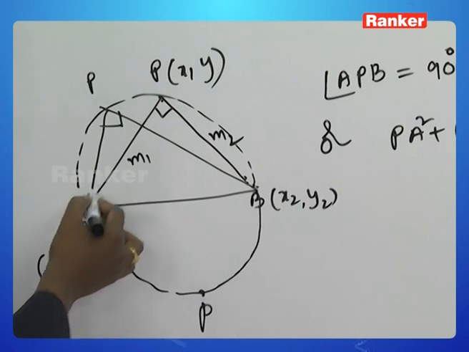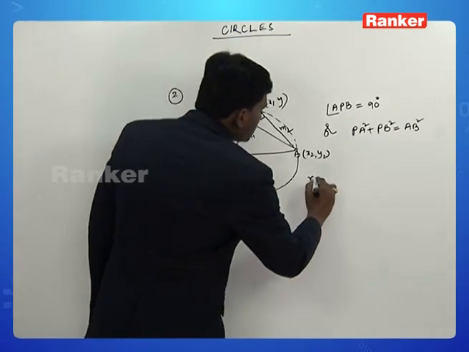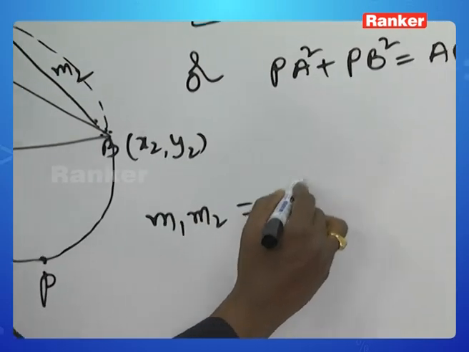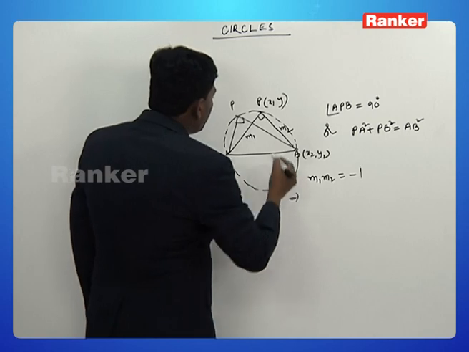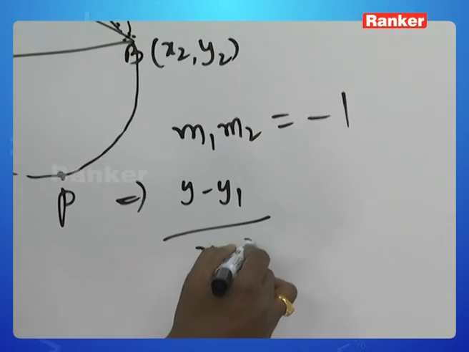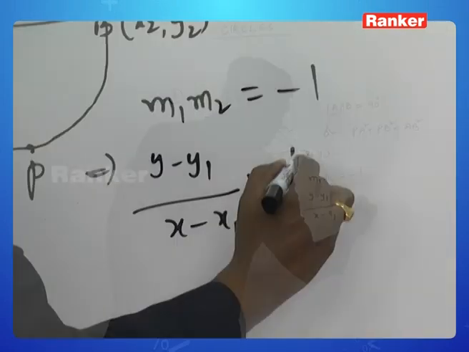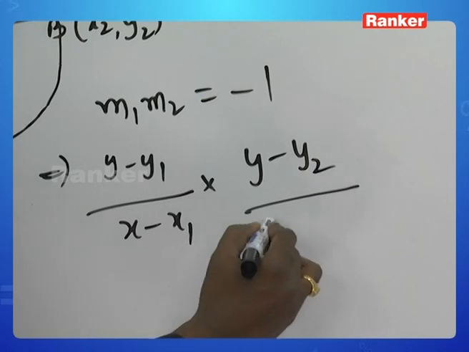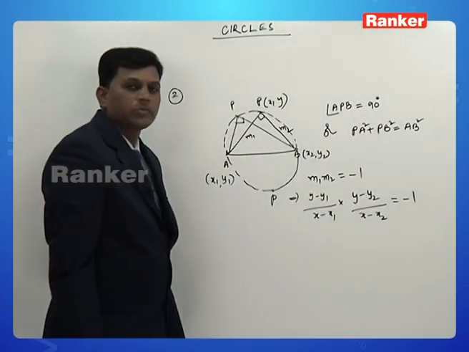If the slope of AP is m1 and the slope of PB is m2, then the slope of AP is (y minus y1) by (x minus x1), into the slope of PB, similarly (y minus y2) by (x minus x2), equals minus 1.